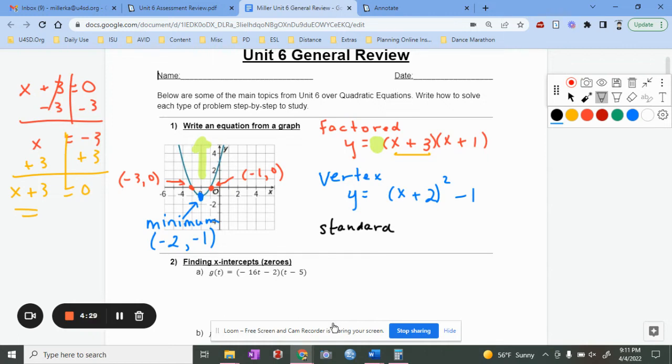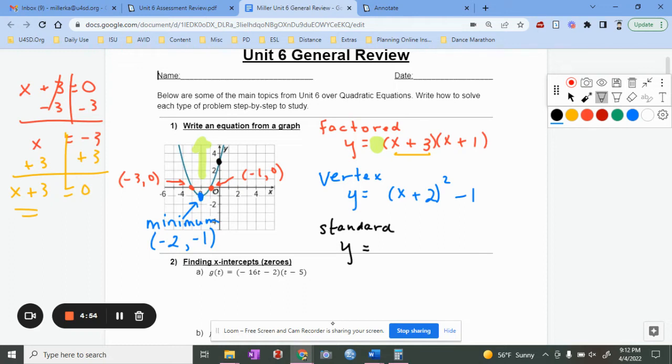Standard form, what we would do is multiply this together to break it down, or to write it in that x squared term plus an x term plus a constant. So we can do that using the box. We can also verify that our y-intercept is going to be the constant when we put this together.